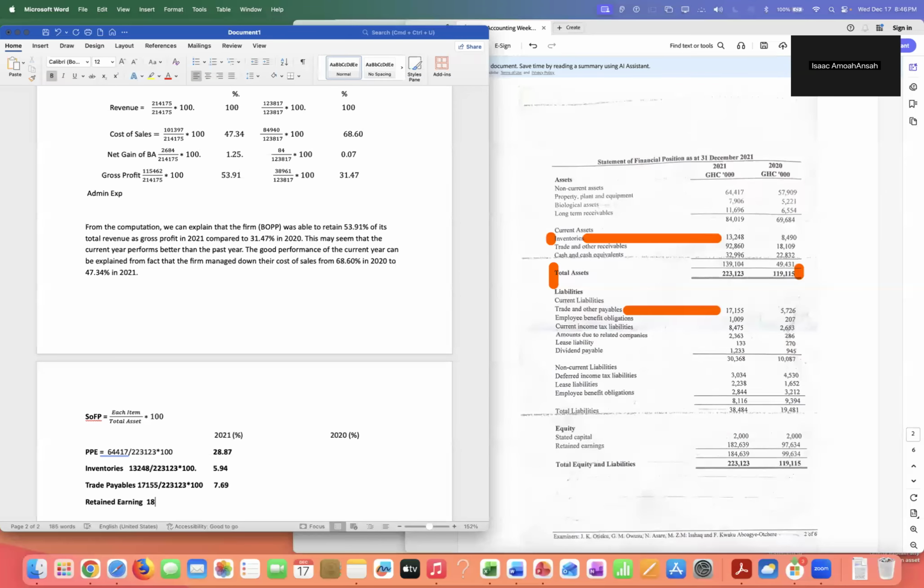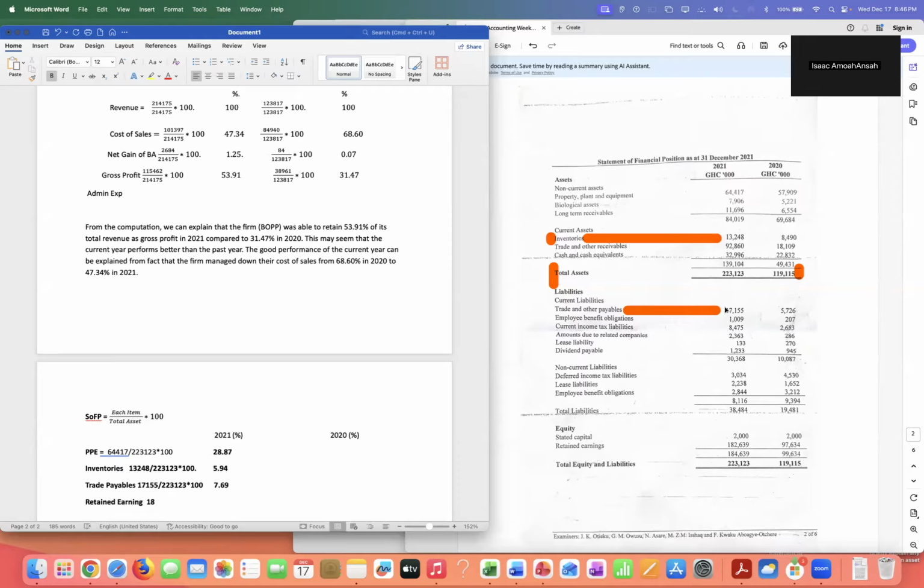We said that we want to go by a certain formula which picks up each item divided by the total asset. So total asset becomes the benchmark figure. The total liabilities you are talking about all form part of your asset, right?